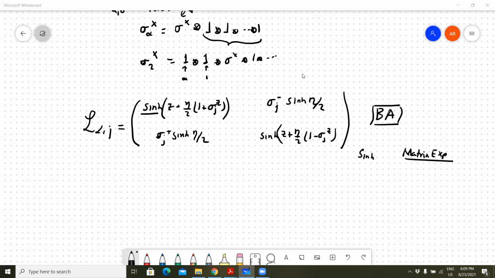But Mathematica can do this for you if you define sinh of z as the matrix exponential of z minus the same with minus z, divided by 2. You define this function in Mathematica and then you can apply it as many times as you want. This is the way to do it, because otherwise none of the results I'm saying will be true, since Mathematica just treats it in the wrong way.